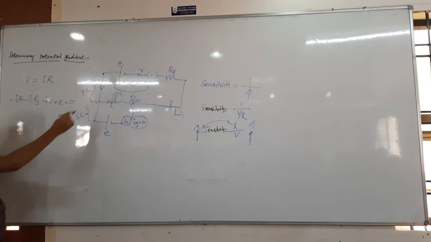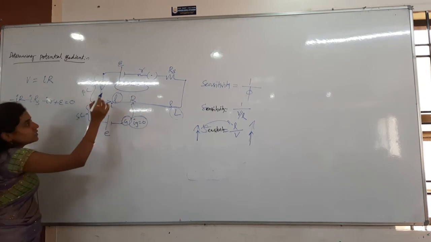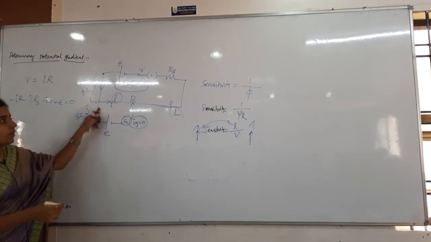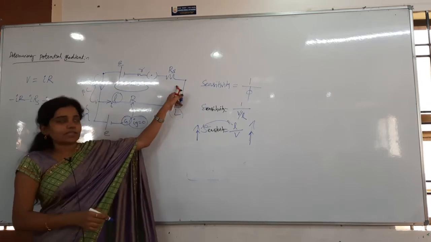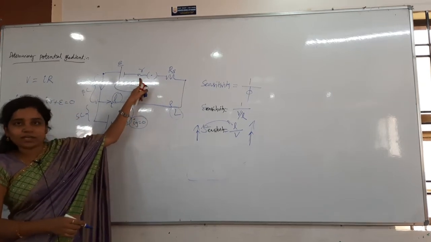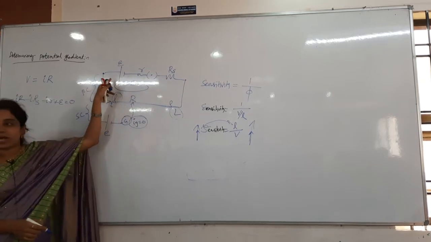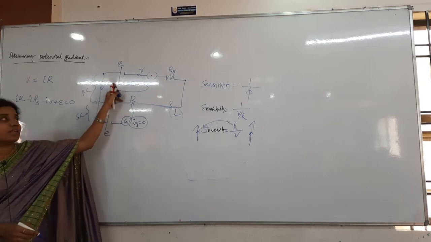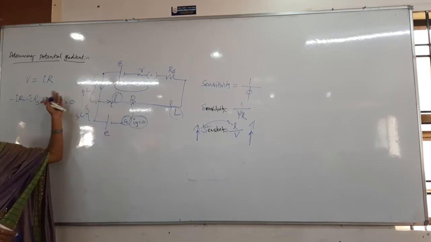Current is flowing as I, so minus IR minus IRs minus I into small r, and then going from lower potential to higher potential, that is plus E, reaching the same point again 0.